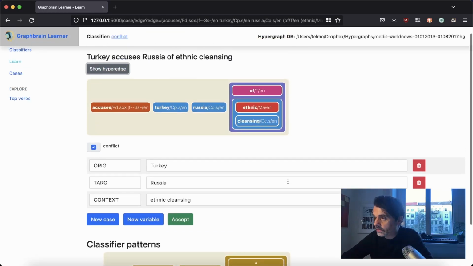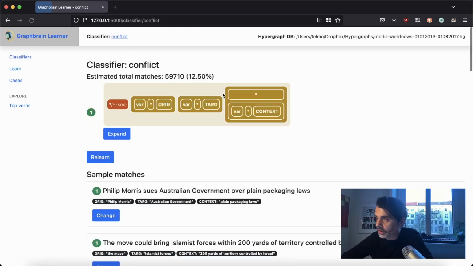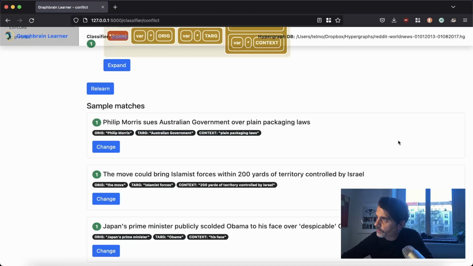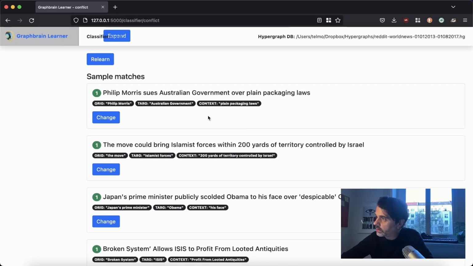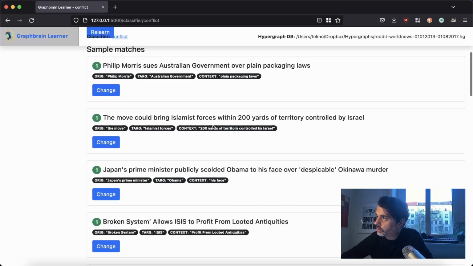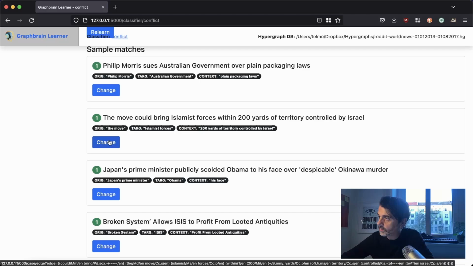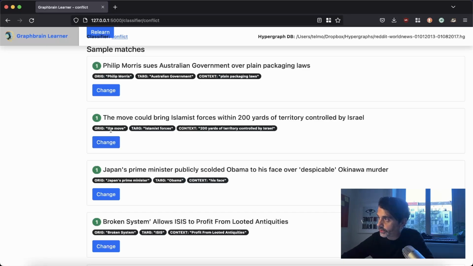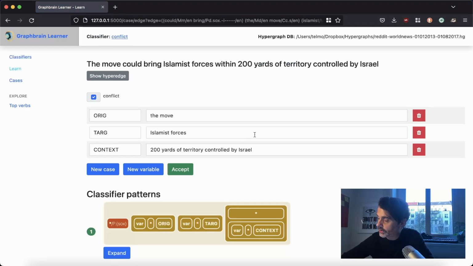Let's see how this classifier is performing with some sample as before. The move could bring Islamist forces within 200 yards of territory controlled by Israel. So this is not a direct expression of a conflict, and the origin certainly doesn't make sense. So okay, let's provide this as a negative example and see what happens.